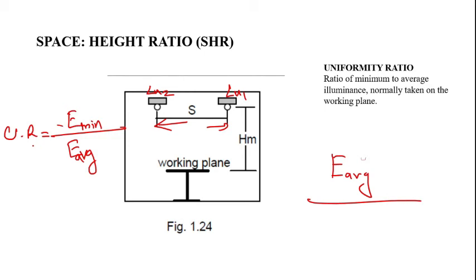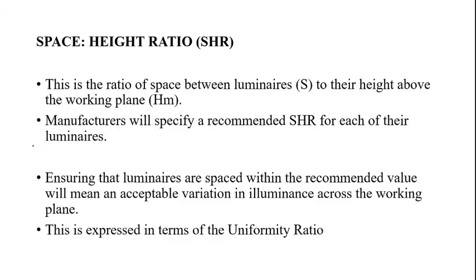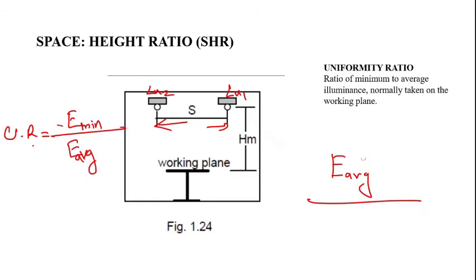The working plane is our consideration, that means the various points on the working plane are our points of consideration. If the minimum illumination level on the working plane equals the average value, you will get a uniformity ratio equal to 1.